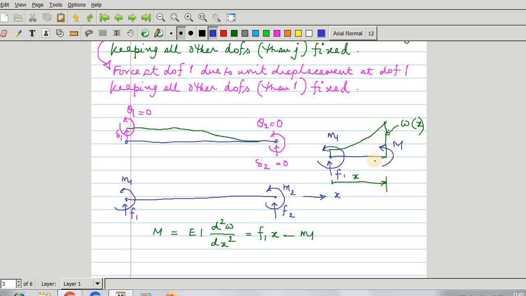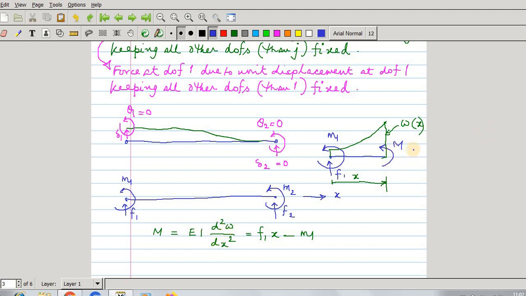Now if you find out the bending moment at a distance x from the left end, as you know, M equals EI d2w/dx2. Along the x-axis, dw/dx is the slope. If dw/dx is positive and the slope increases with x, then d2w/dx2 is also positive.